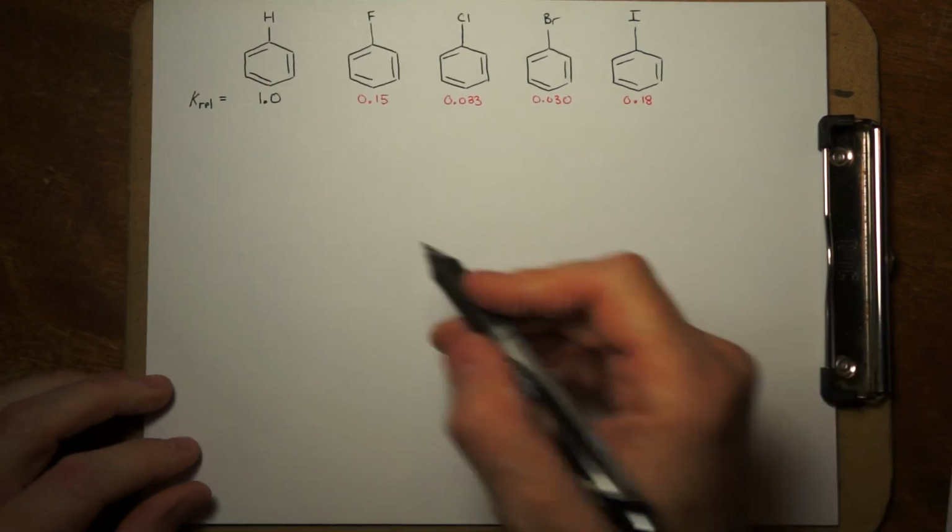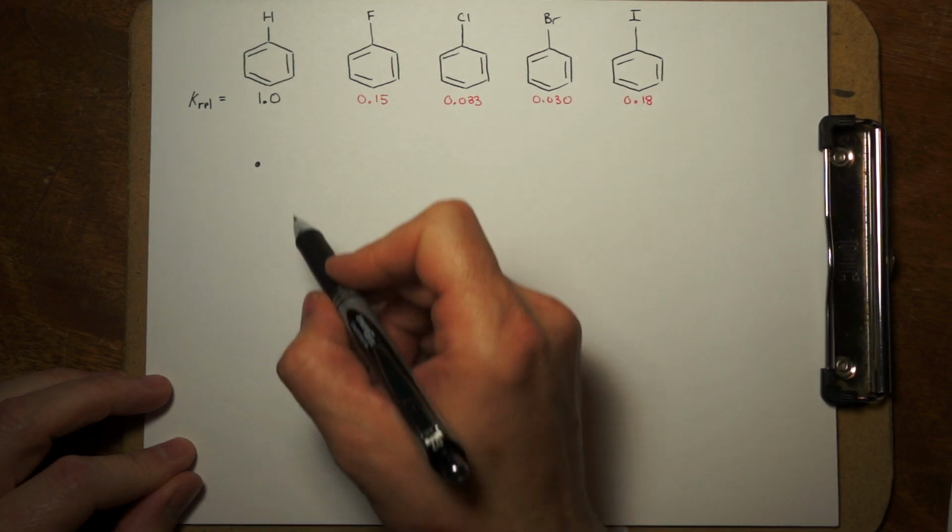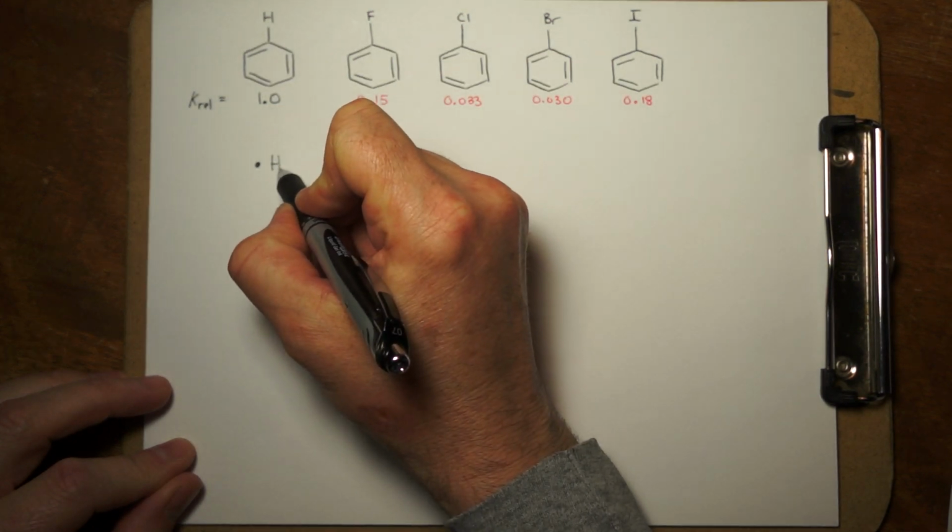First of all, we need to lay out, looking at this rate data, that halogen atoms are deactivating groups.